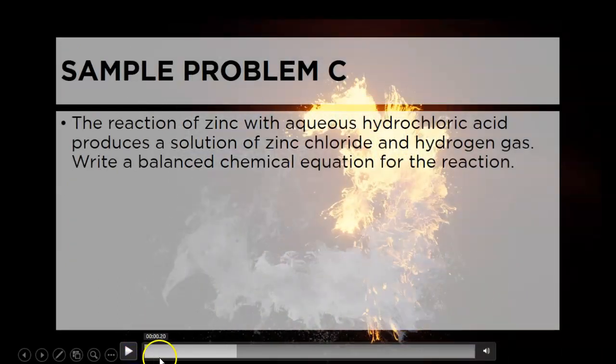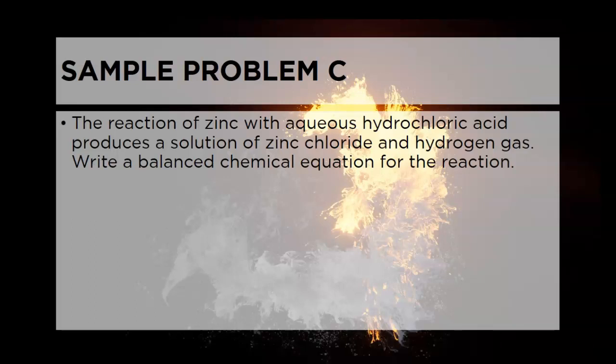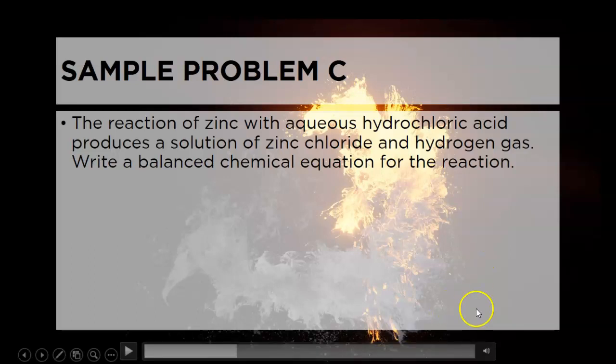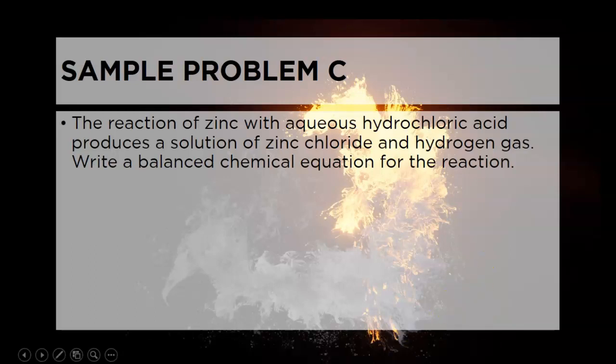So we'll try a couple examples here. We've got zinc. The reaction of zinc with aqueous hydrochloric acid produces zinc chloride and hydrogen gas. So zinc is easy enough, right? What state of matter do you think zinc is going to be in, most likely?